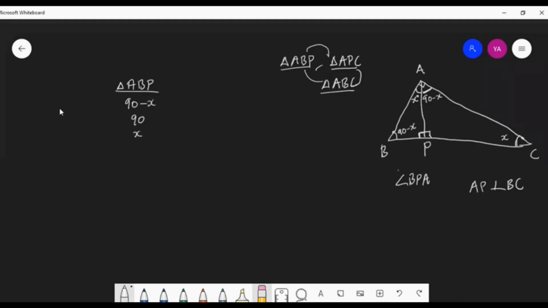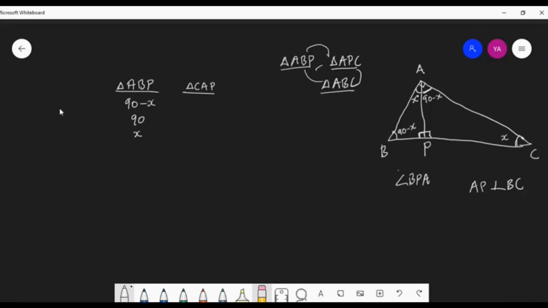Okay, so I choose angles in the order: angle A x degree first, then B 90 minus x, then P 90. In the same order we want to choose the second triangle, the triangle on the right side. So how can you name it in the same order? X degree first, so C. Then angle B is 90 minus x, or CAP, we can give the name like this, CAP.